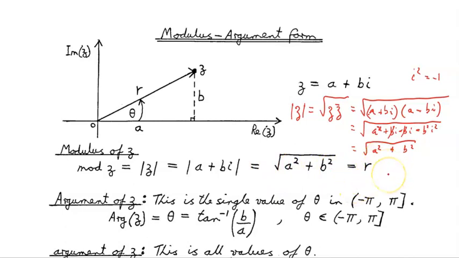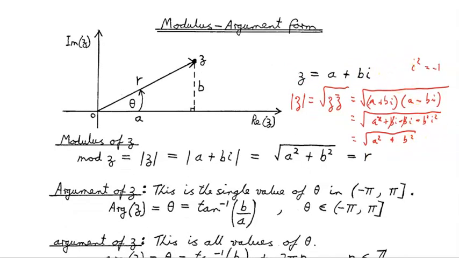There are two arguments to consider. That's the angle it makes with the positive direction of the real axis. There's the capital A Argument, the principal argument, which is the single value of theta in the minus pi to pi range. Remember that this angle comes from the inverse tan of b over a.